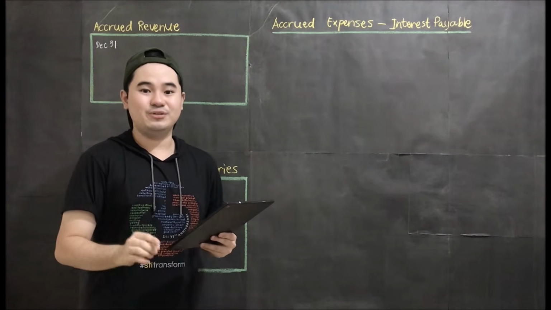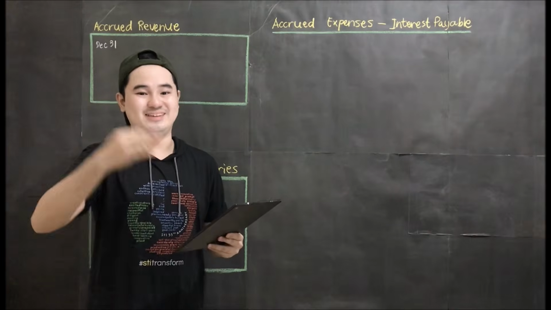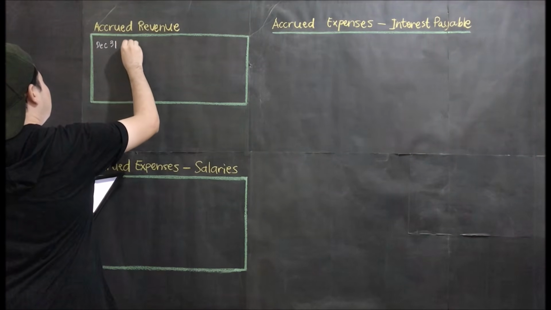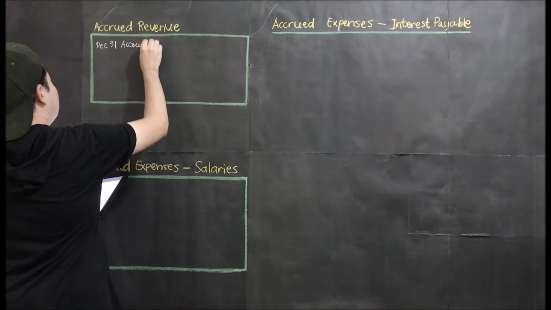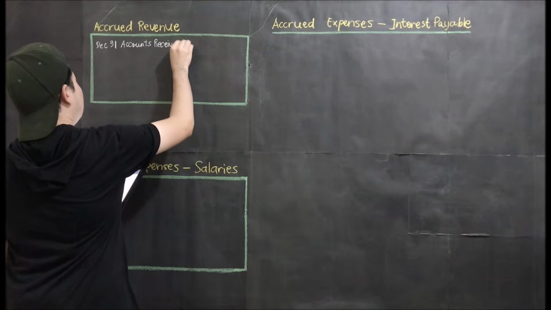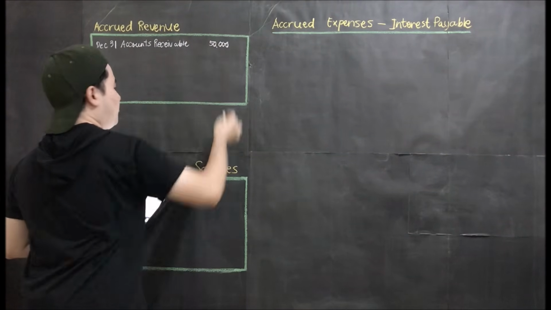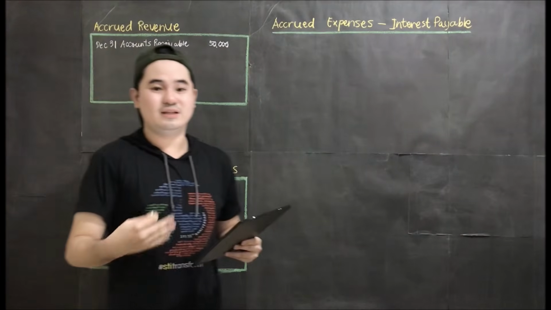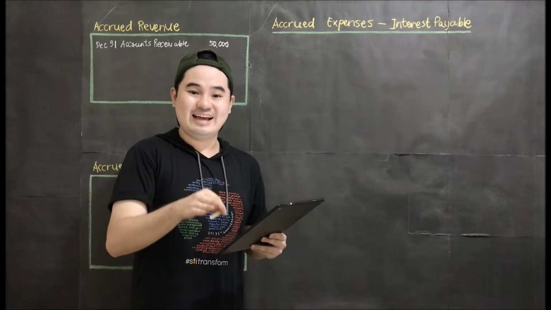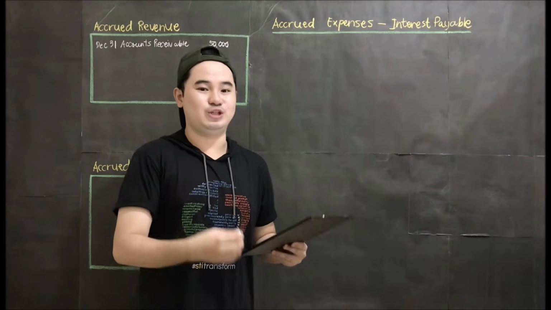We debit accounts receivable for the amount expected to be received from ABC Company next year. However, even though it's still receivable, this is revenue, so we credit tax consultancy fees earned, or simply service revenue rendering.